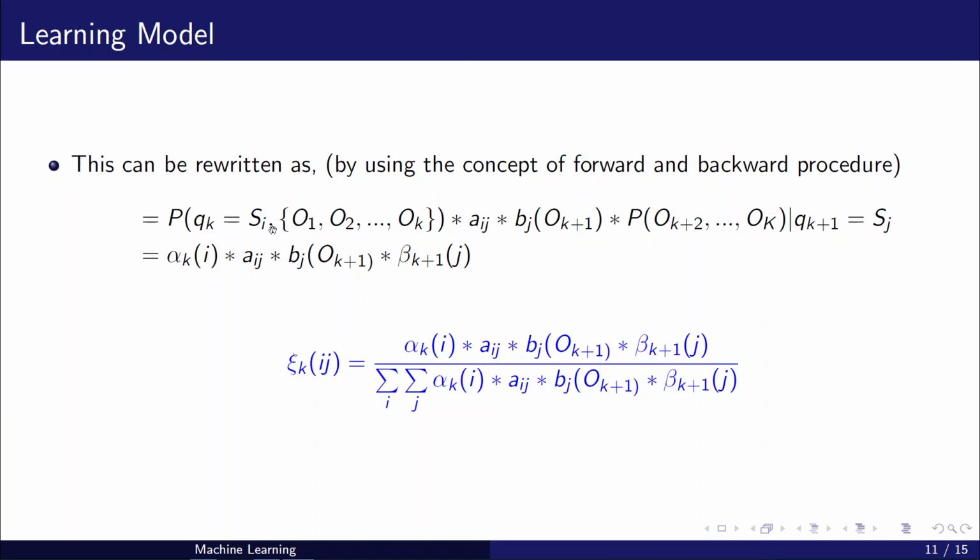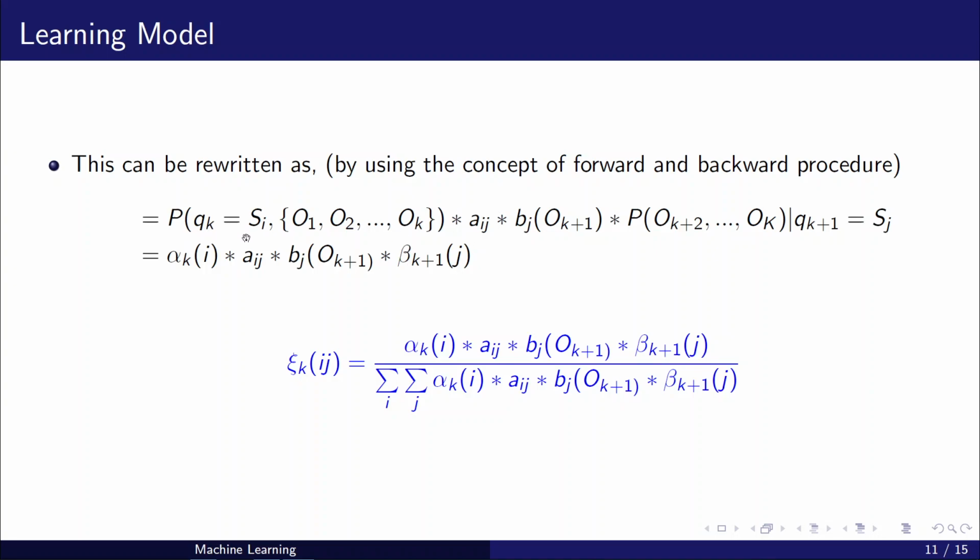We would like to divide this entire observation sequence into two parts. The first part we will represent using the forward variable, the second part using the backward variable, and in between you have a simple transition. This is done in a recursive manner so that we can find the total probability using our forward and backward variables. So let's see this.